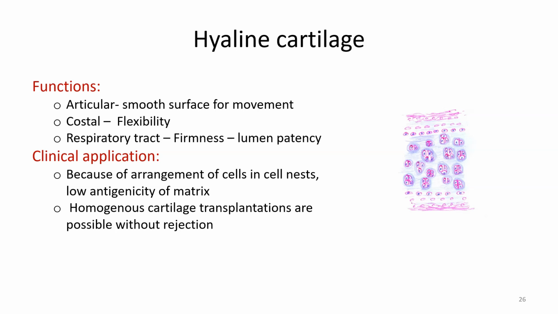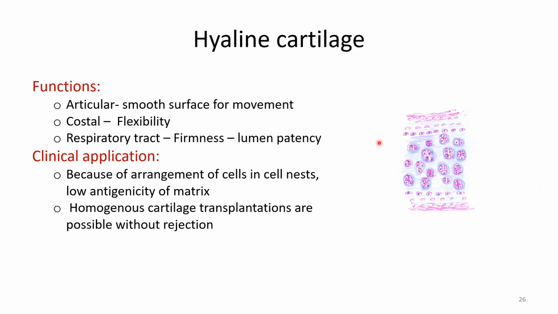So, because of the arrangement of cells in the form of cell nests, there is low antigenicity of the matrix in the hyaline cartilage. Homogeneous cartilage transplantations are possible without rejection in the case of hyaline cartilage.